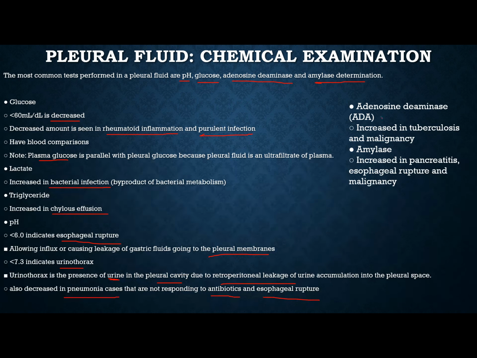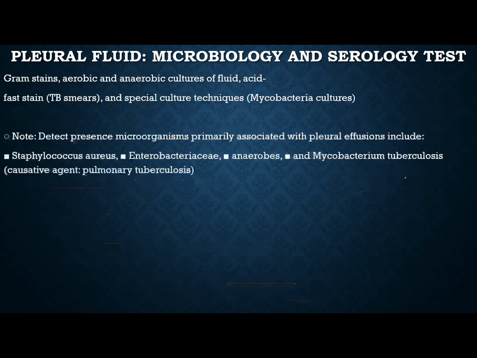Then we have yung walang kamatayang ADA class. So familiar na kayo dito. Increase in TB and malignancy. Then amylase naman class, seen in increase in pancreatitis, esophageal rupture, and malignancy. Then we have the microbio and serology tests.